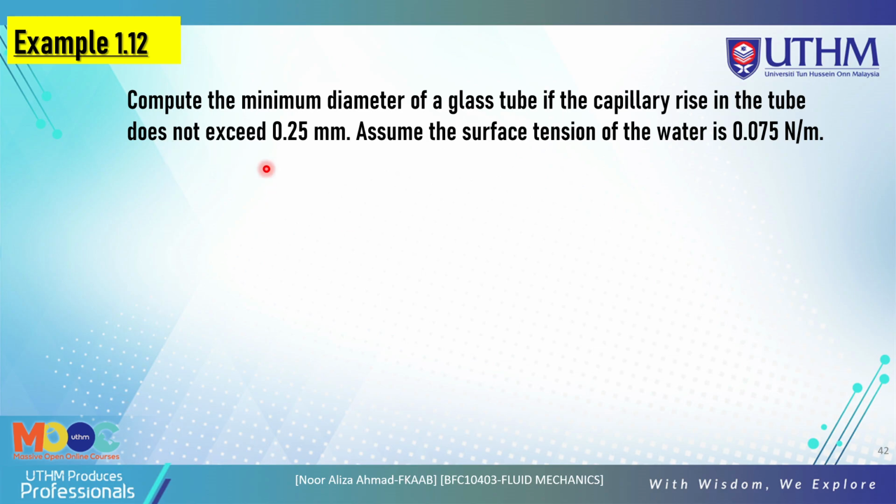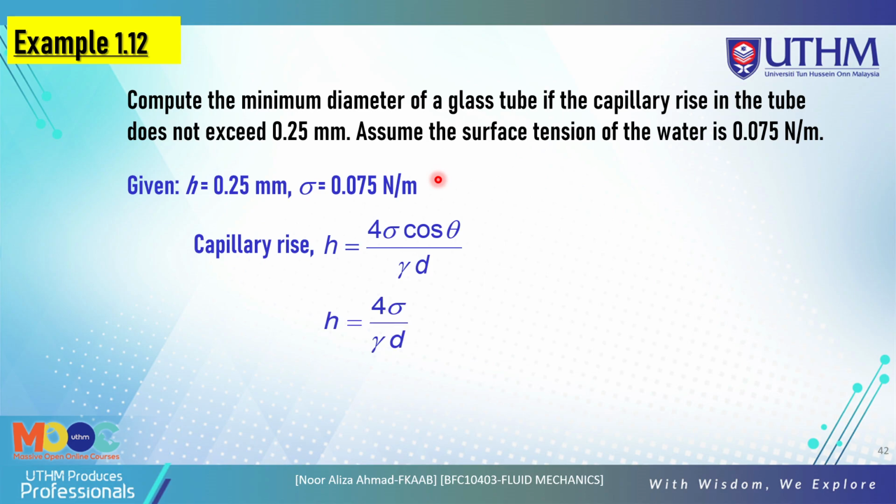Example 1.12: compute the minimum diameter of a glass tube so that the capillary rise in the tube does not exceed 0.25 mm. Assume the surface tension of water is 0.075. Using the given data, just use the equation of capillary rise.